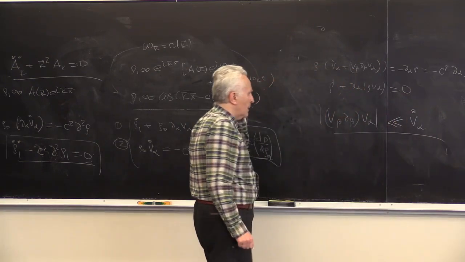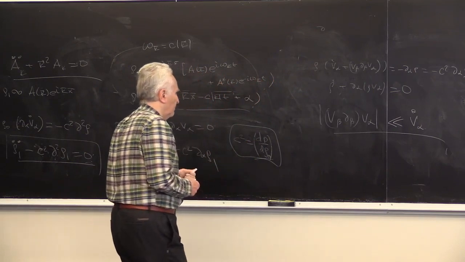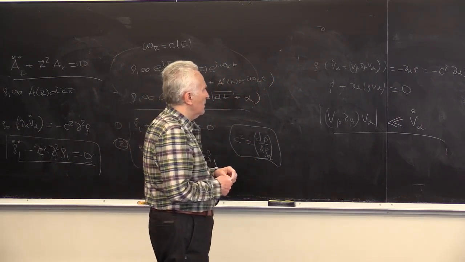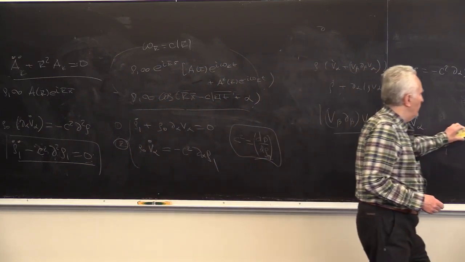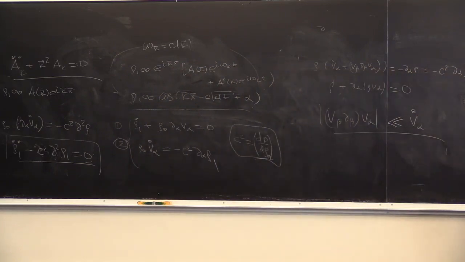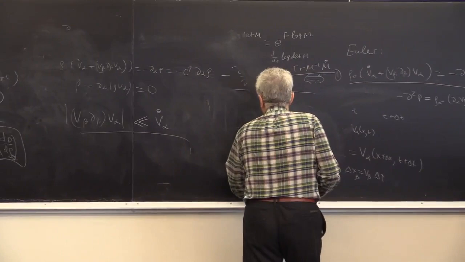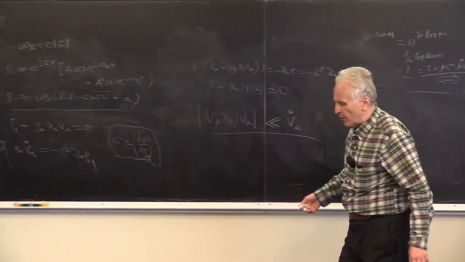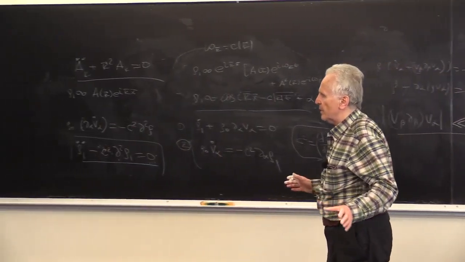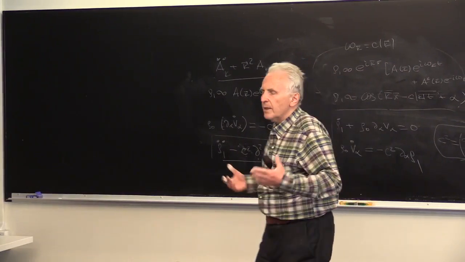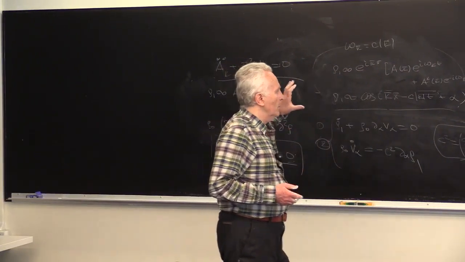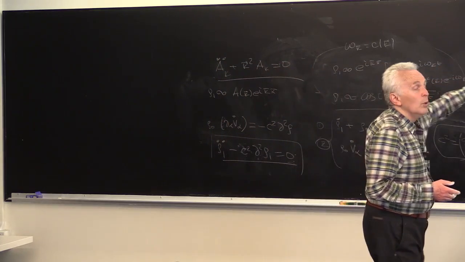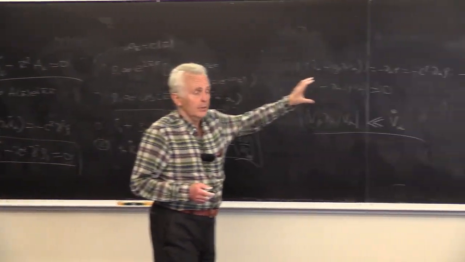Now let us see what it means. If we have a sound wave, what I'm going to do is more or less the standard procedure when you deal with an equation: you evaluate orders of magnitude of various terms.